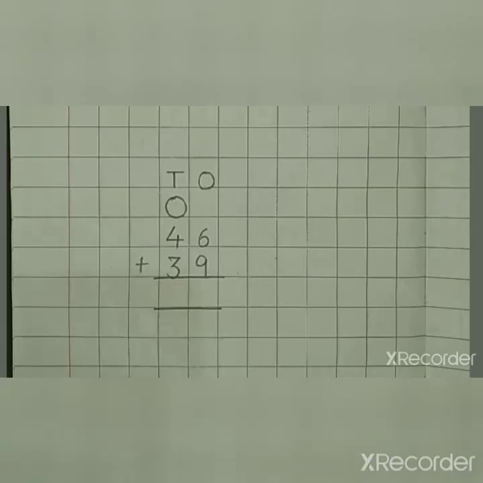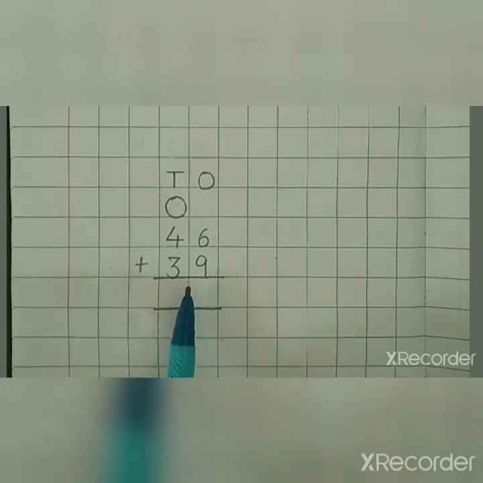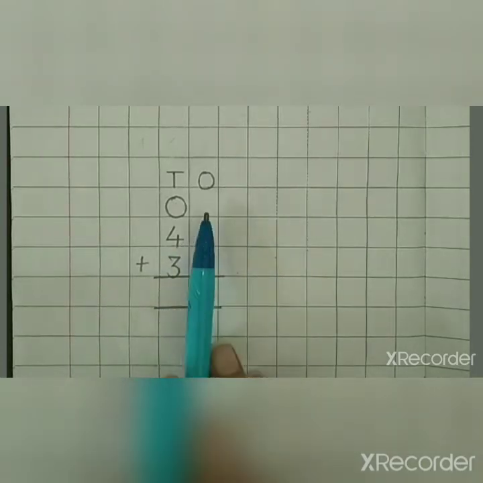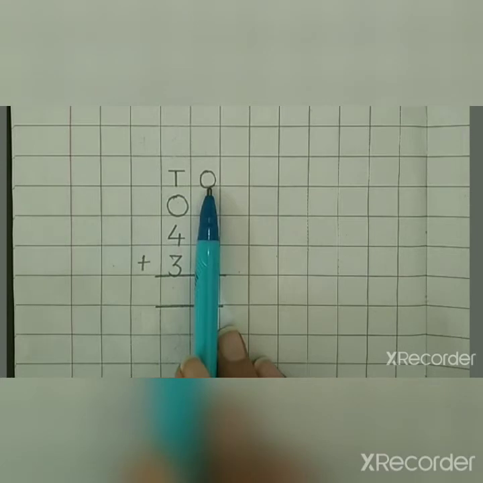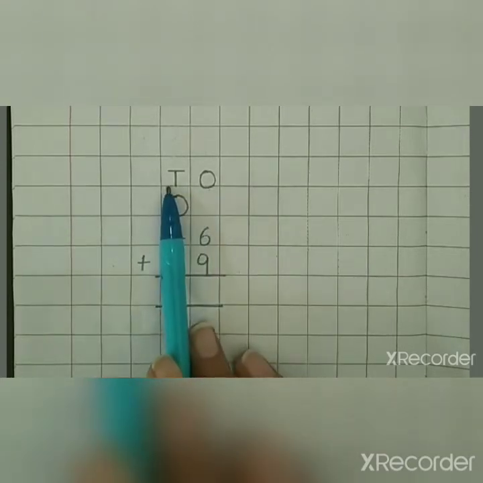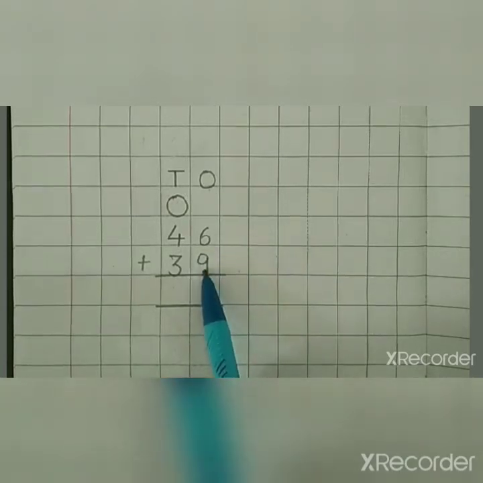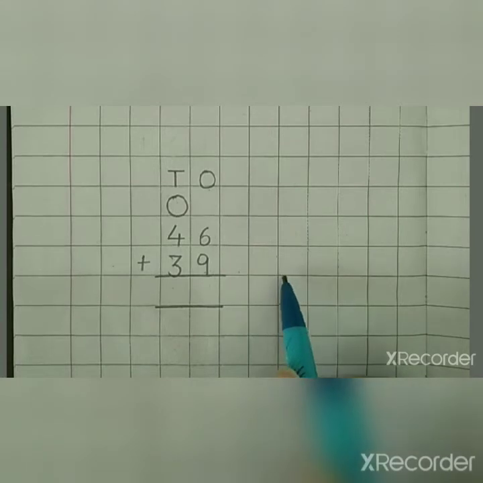Here is another example that we will do, and this is addition with carry. We have to add 46 plus 39. You can see I have written O, which represents ones column, and T, which represents tens column. So let's start. We will add 6 plus 9. 6 plus 9 is equal to 15.